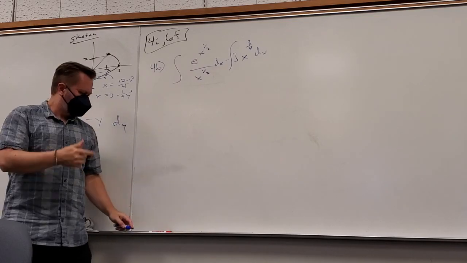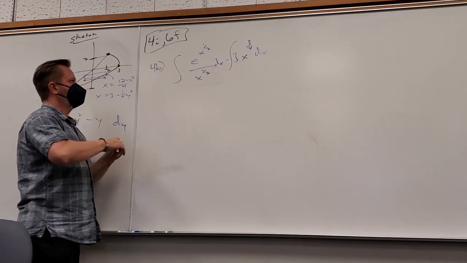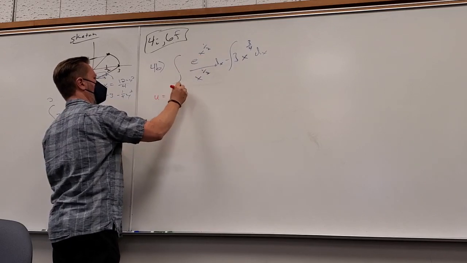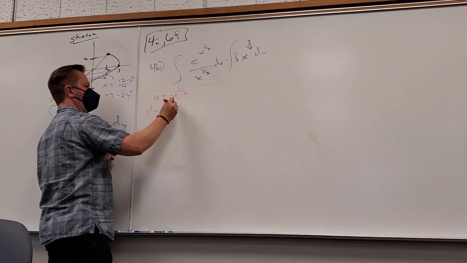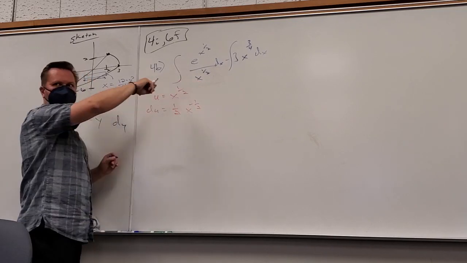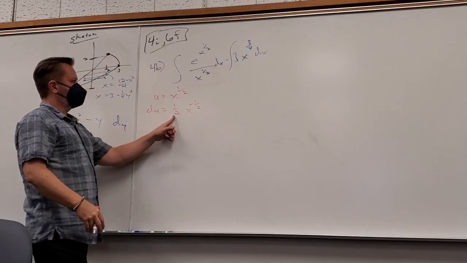So what do I use? What's the only other thing we have? U-substitution, right? So what am I going to let u equal? x to the 1/2. And then what's du? 1/2 x to the negative 1/2. Isn't that what this is? Yeah, basically, except we just need the constant, right?